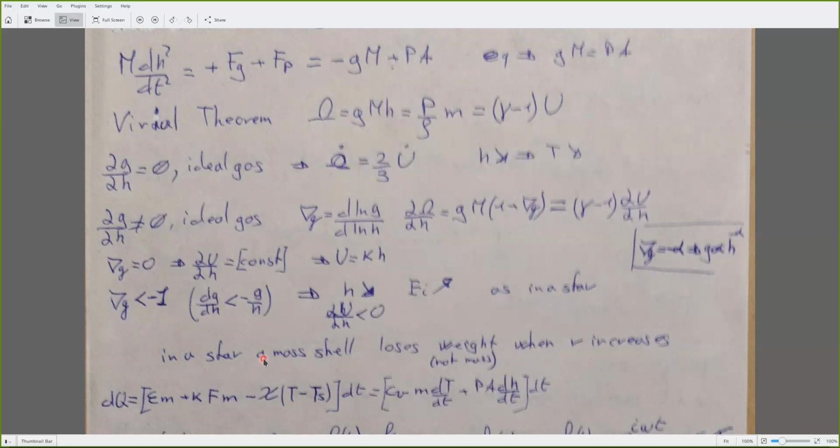The weight is the multiplication of the mass, the property of the matter, and the acceleration of gravity, which is due to the gravitational effect.